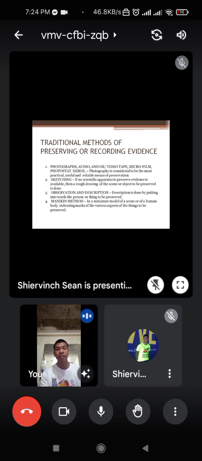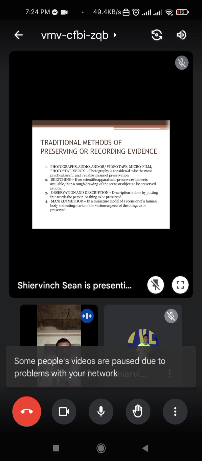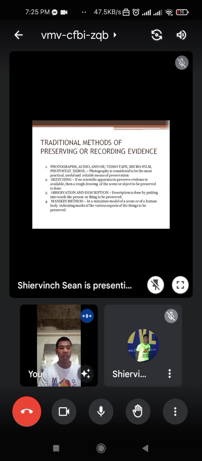Next is the mannequin method. The mannequin method is a miniature model of a scene or a human body indicating marks of the various aspects of the things being preserved.